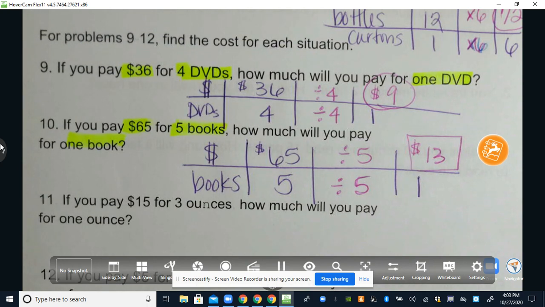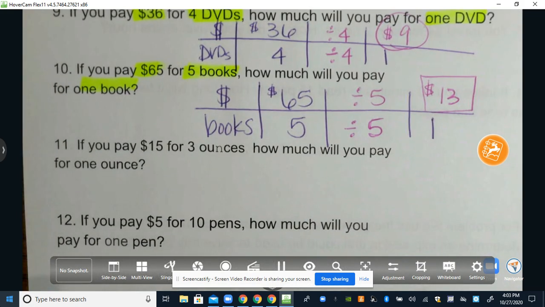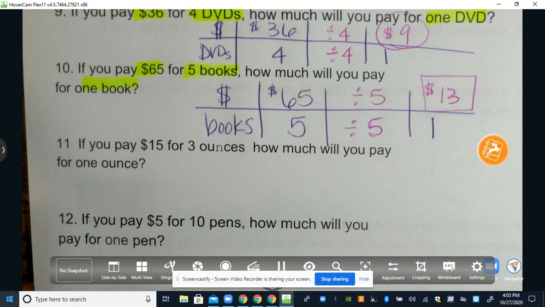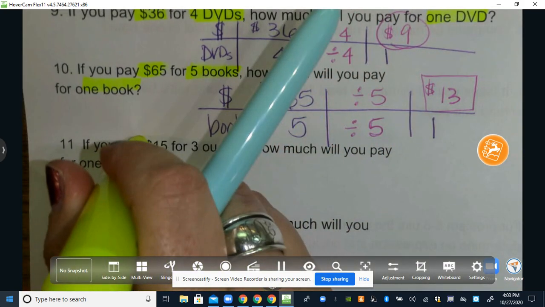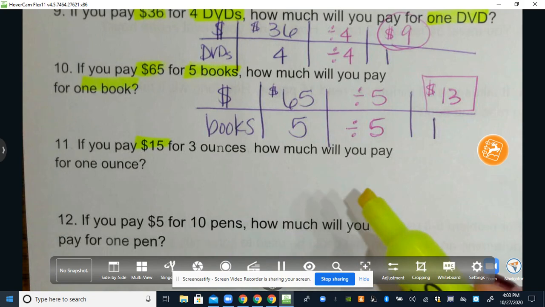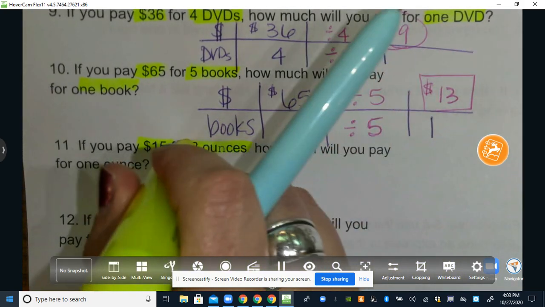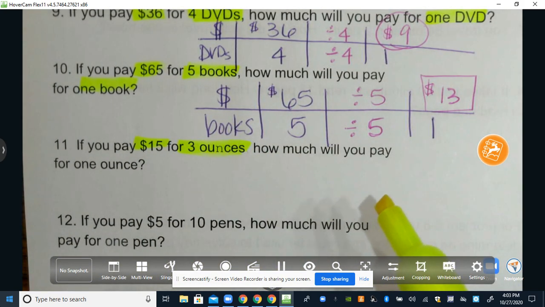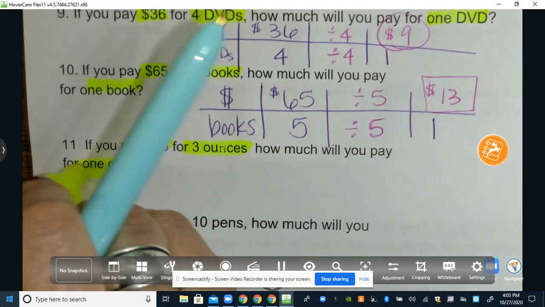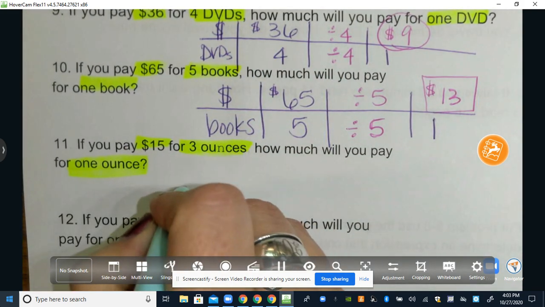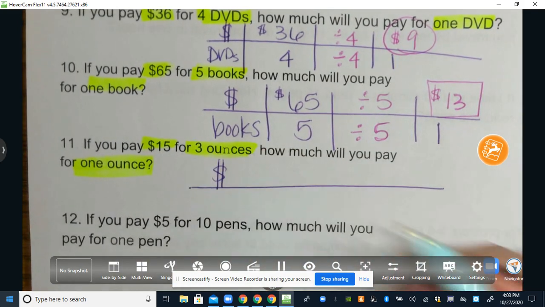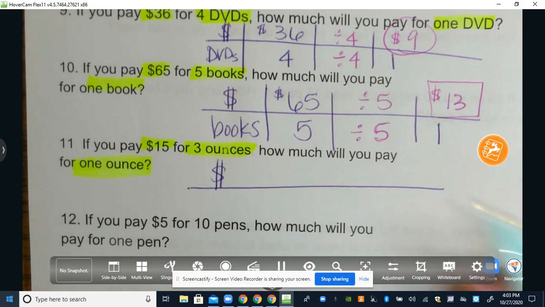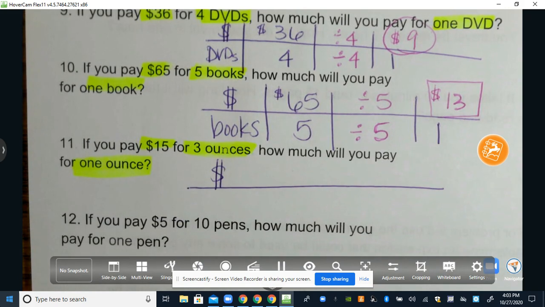The last one that we did not do in class is number 11. If you pay $15 for 3 ounces, how much will you pay for 1 ounce? We're dealing with money, so we need to find a unit rate. Let's make our table. Money goes on top. You can write money, I just put the money sign. It's easy for me to remember.